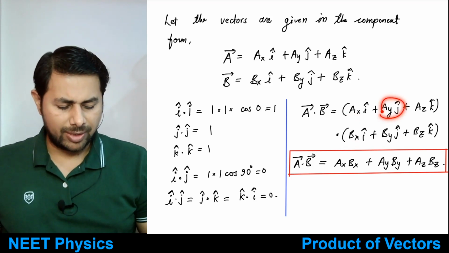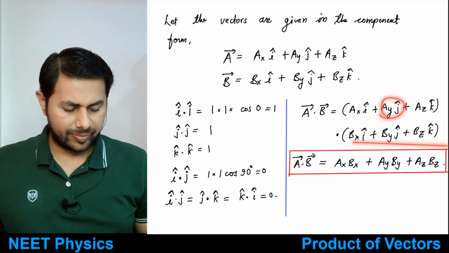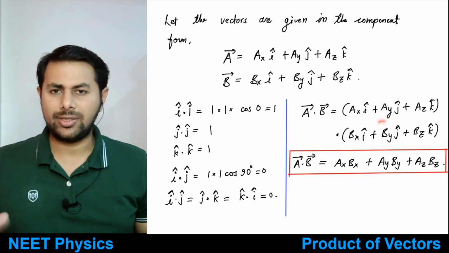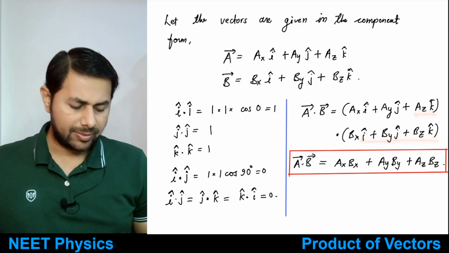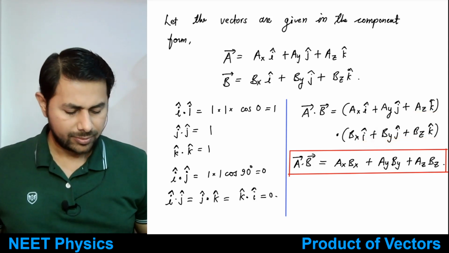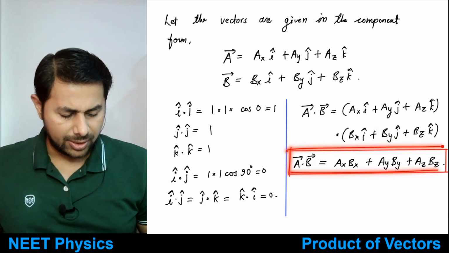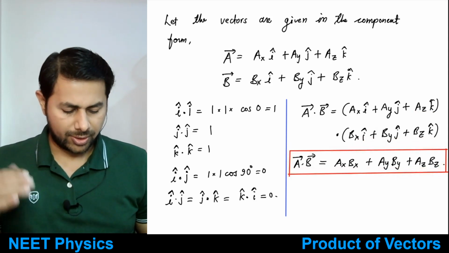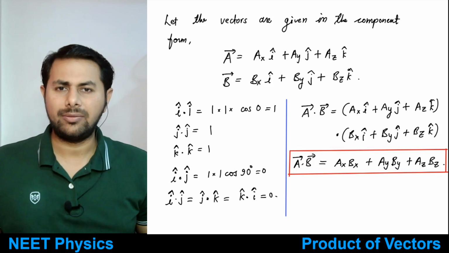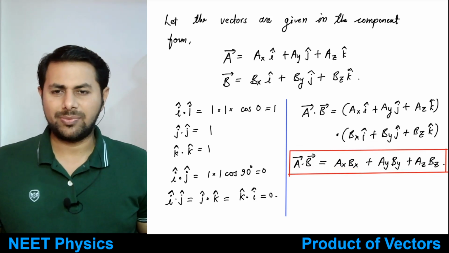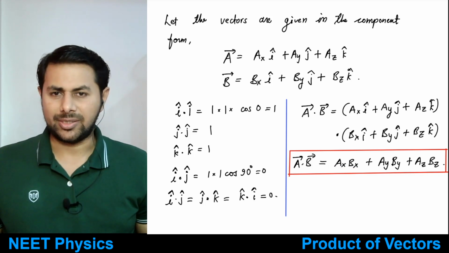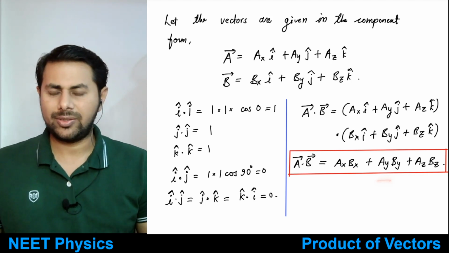Similarly, when you multiply Ay with the whole bracket, only Ay By will survive. Az with the whole bracket, only Az Bz will survive. So this is therefore the dot product or the scalar product of A bar and B bar. It is Ax Bx plus Ay By plus Az Bz. This thing is clear, everyone?